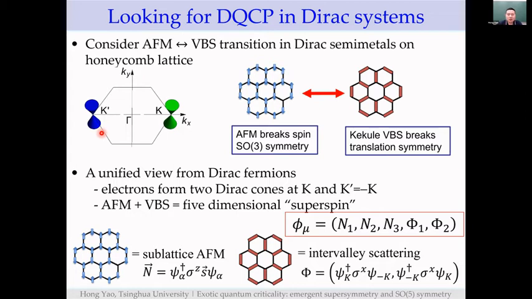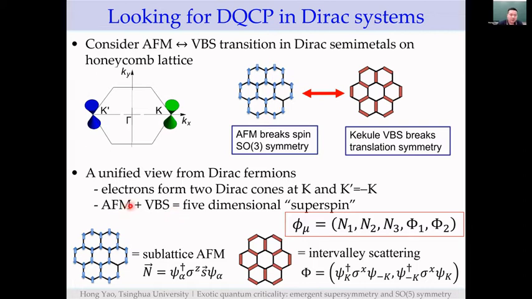One is the antiferromagnetic state, which breaks the spin SO(3) symmetry. The other is the Kekulé VBS state, which breaks the translation symmetry and rotational symmetry. And so we can have a unified view from the Dirac points.